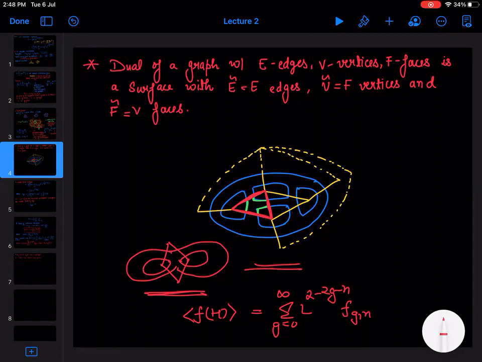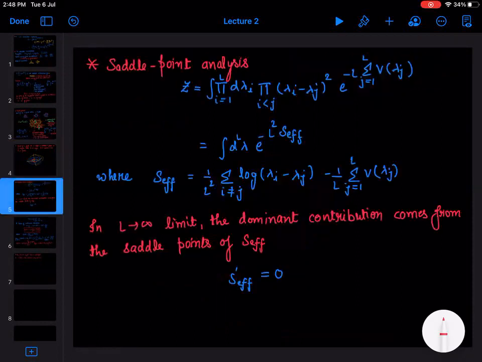So our next goal is to calculate these functions, and we started with the calculation. We talked a little about the saddle point analysis, and for that we started with a partition function written in terms of eigenvalues.